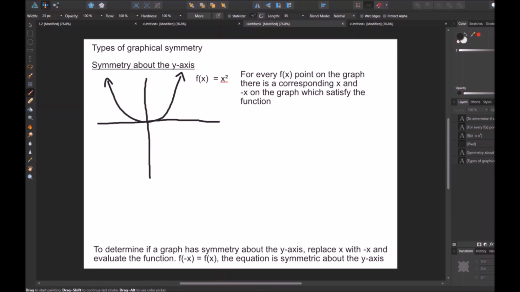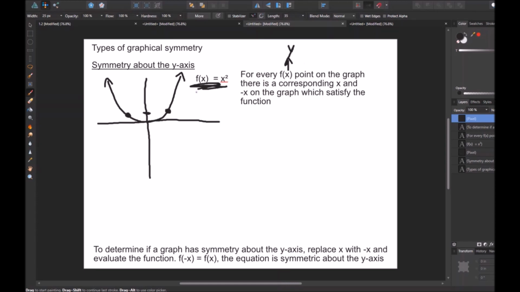So for every corresponding f of x or y point on the graph, there is a corresponding x and a negative x on the graph which still satisfy the function. So here, if this is, for example, y equals 1, there's a positive x value here and there's a negative x value here, both of which will satisfy this equation. So that's why it would be symmetric.